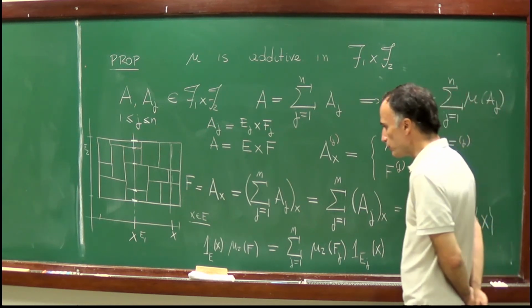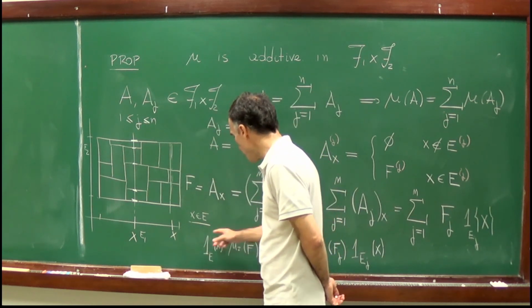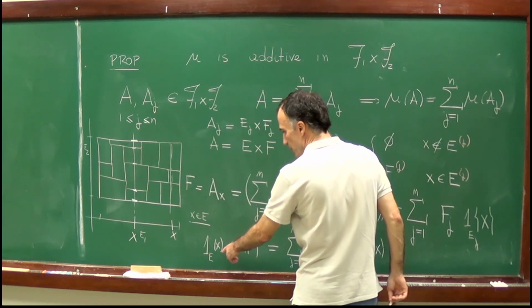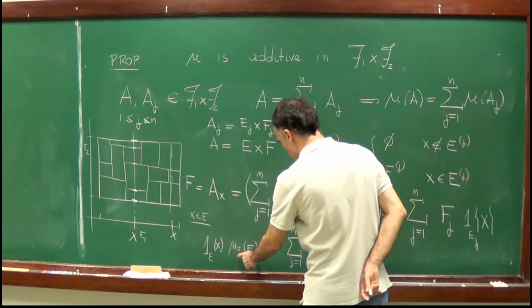Another way in which you can read this formula is the following. What do I have here? On the left-hand side, I have a simple function. This is the indicator of a set in F1 times a constant.